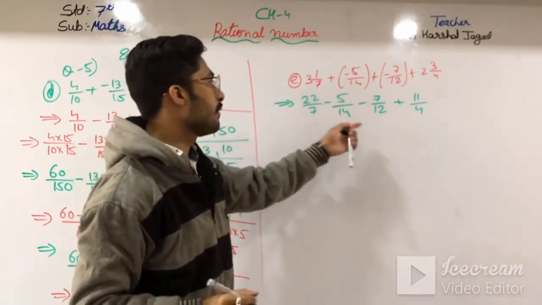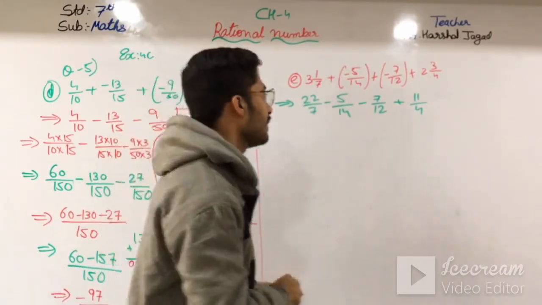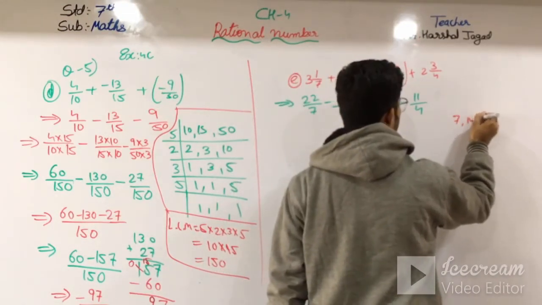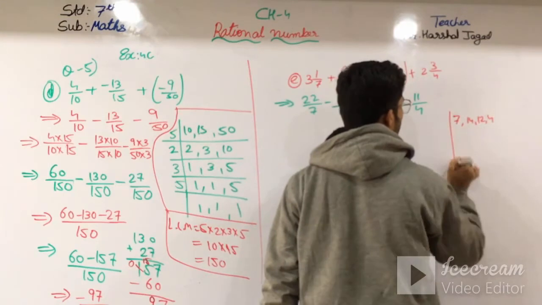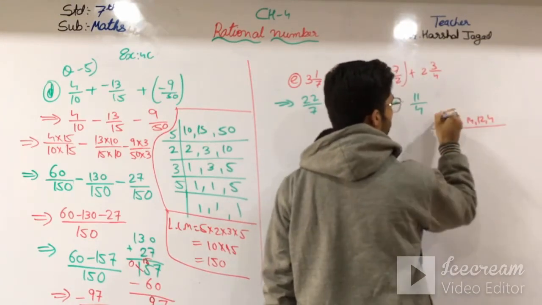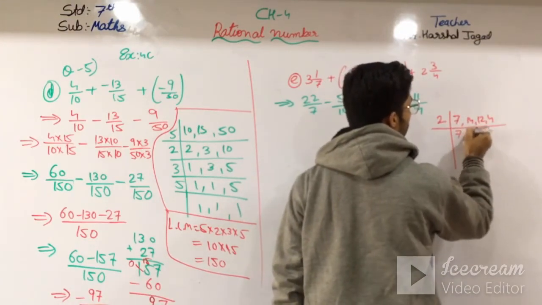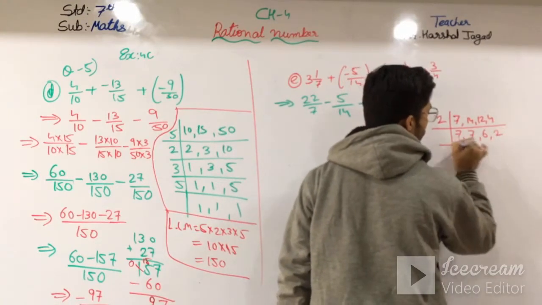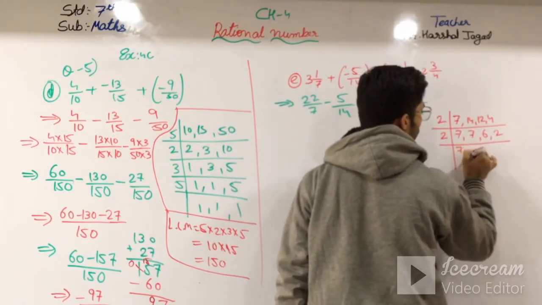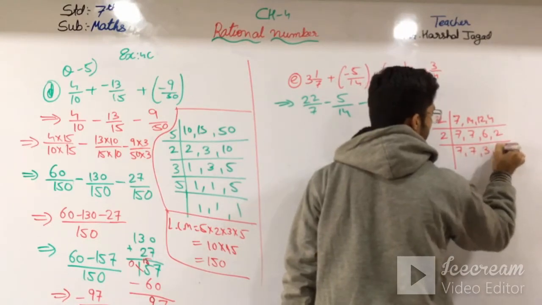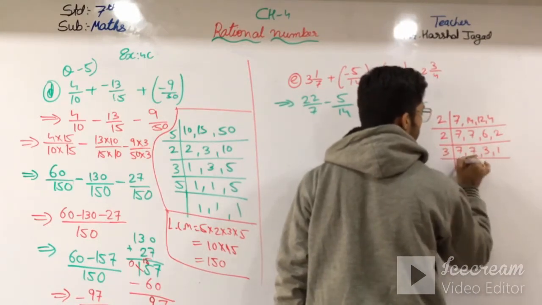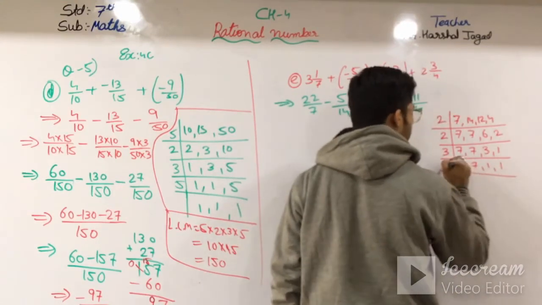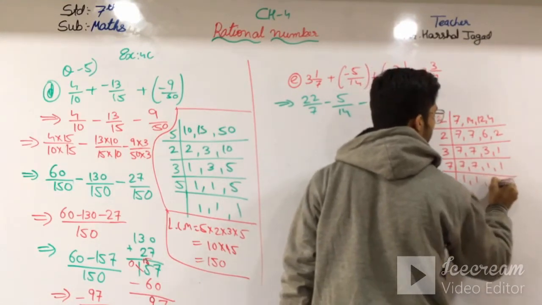Now first of all we have to take the LCM. Taking the LCM of 7, 14, 12, 4. First with 2, 7 will not divide, so 7, 7, 6, 2. Then again with 2, 7, 7, 3, 1. Then 3. Then at last 7.